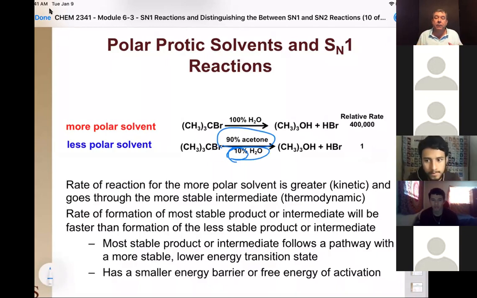Therefore, for every one time it reacts in the one solvent, it goes 400,000 times in the other. Okay, so that is a dramatic representation of how the polar protic solvent promotes an SN1 reaction and why we always use polar protic solvents in our SN1 reactions.